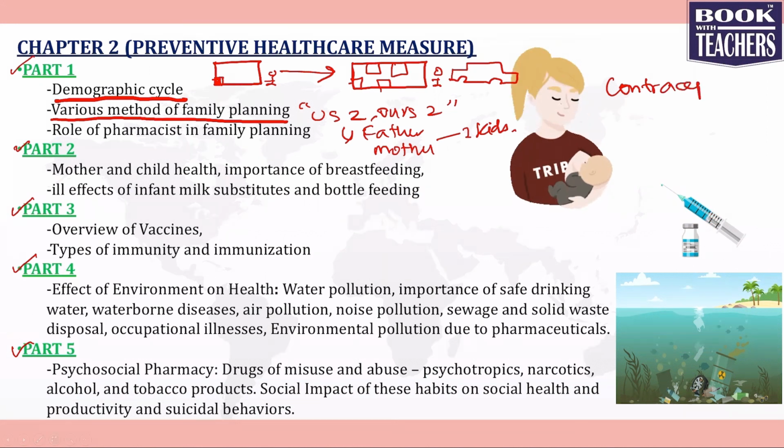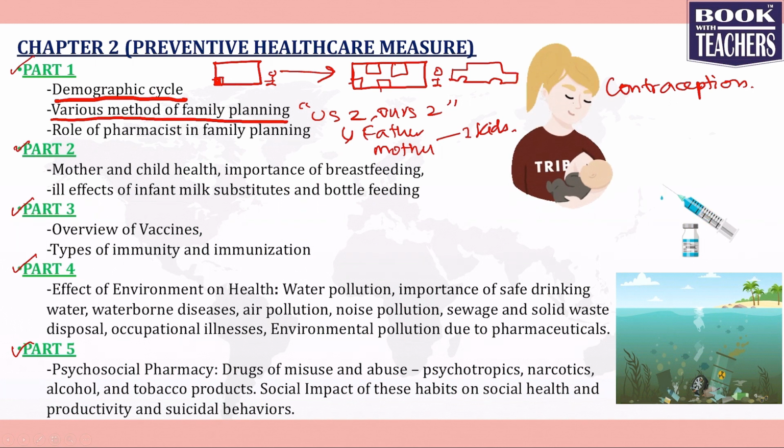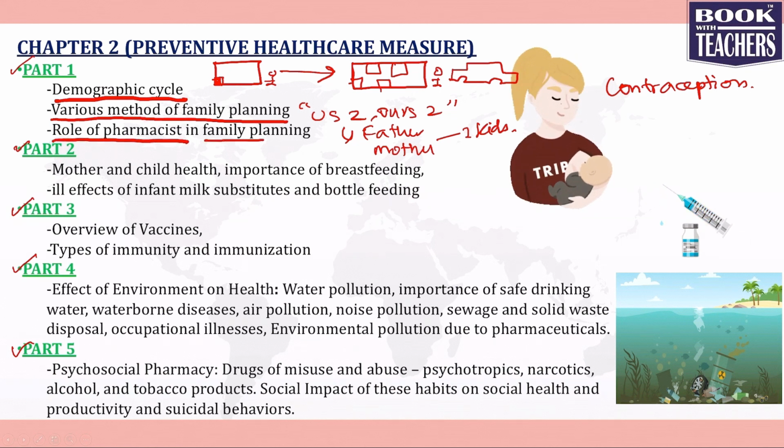What are the various methods? All this we'll be covering in various methods of family planning. And not only this, what are the roles of pharmacists in family planning is also what we are going to cover.